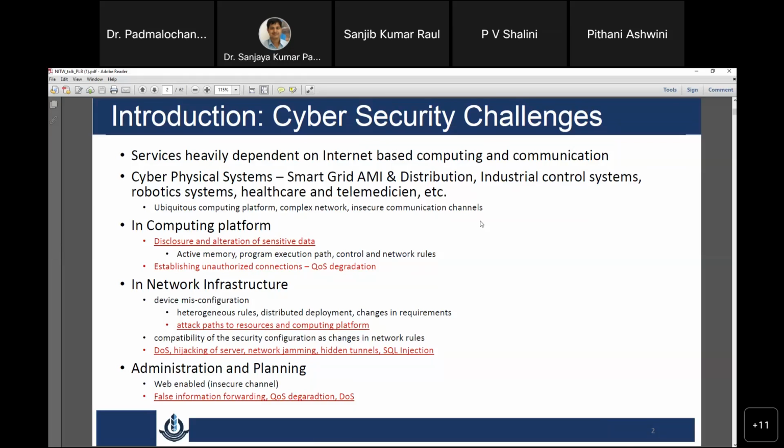So this is in the computing platform. In network infrastructure, a recent report by NIST says that 60% of the cyber security violations today in various domains actually come from device level misconfiguration.